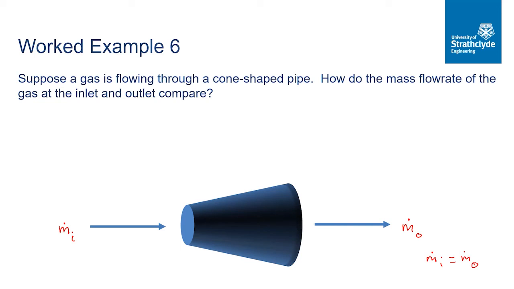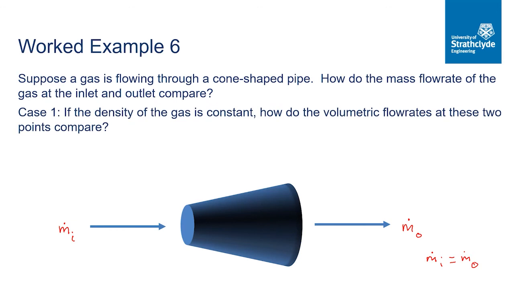And then the question asks us two follow-up questions. Well, what would be the case if the density of the gas is constant? What about the volumetric flow rate at these 2 points? Well, if rho is a constant, it follows that V dot is equal to our mass flow rate divided by our density.